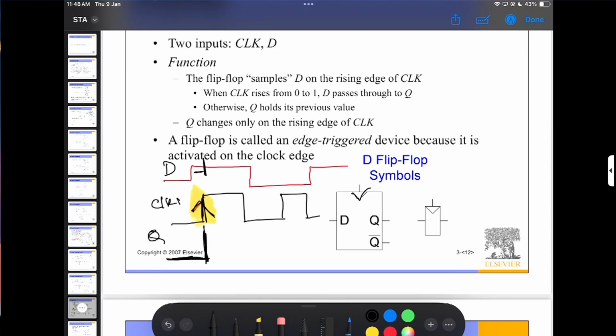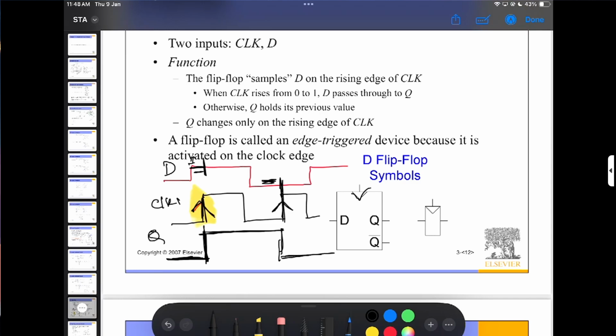But here we see that my D is 1, so it holds the value until it waits for the next clock. When the positive edge triggering comes again, at that time it works again. It sees that my previous input is 0, so it goes down and gives the output like that.